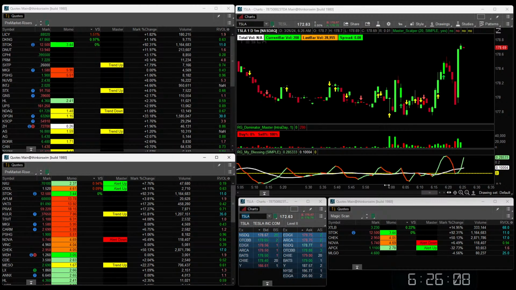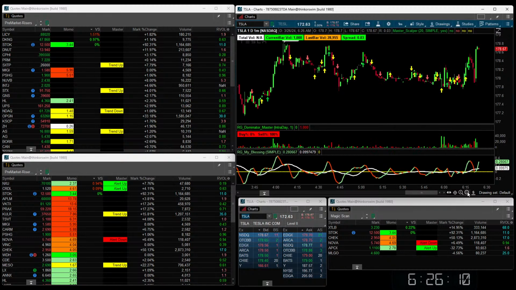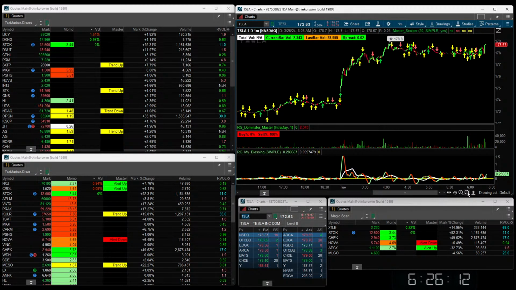Zoom out on Tesla. It may make a run today. I don't know where it's at overall. It is upwards.